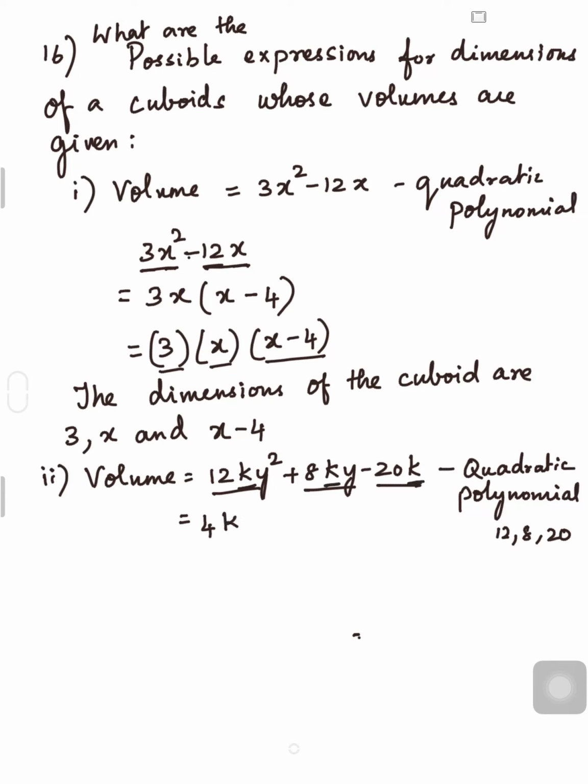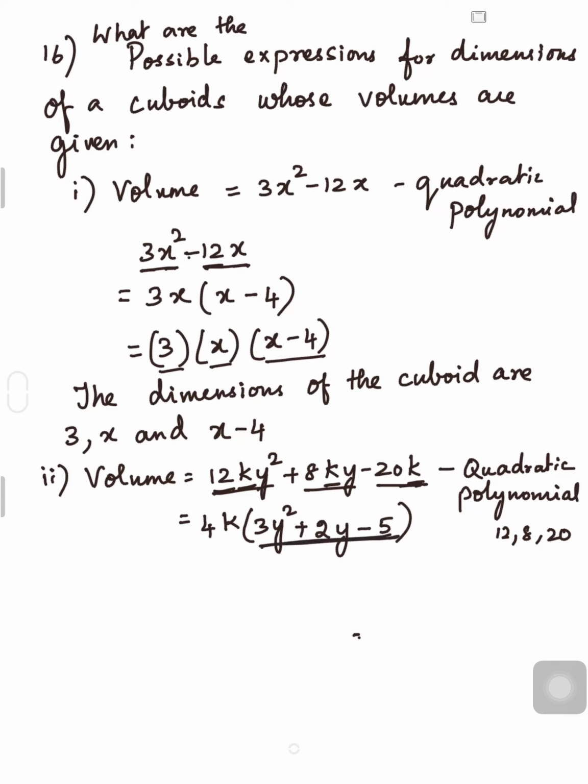So I take the k also outside. y is not common, it is common only in 2 terms, but it is not there in the last term. So if I take 4k, 4 how many times is 12? 3. k is already outside, so 3y squared plus, 4 how many times is 8? 2 times, so 2y minus, 4 how many times is 20? 5 times. k is already taken outside.